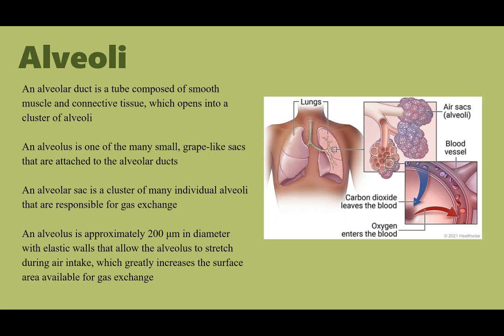And then we need to make sure that we know that alveoli have elastic walls that allow the alveolus to stretch during air intake. To understand this concept, you can imagine the alveoli as a balloon, and the elastic walls as the surface of the balloon. If you breathe oxygen into the balloon, it will stretch, and the surface area of the balloon will definitely increase.